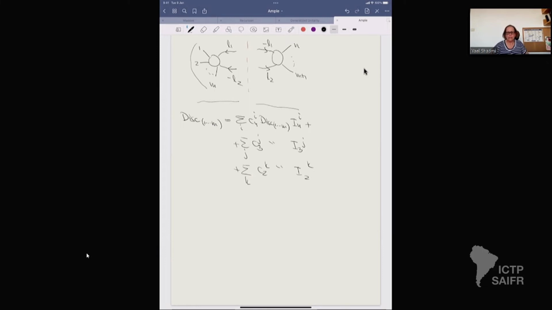Now, as we said before, all these integrals are known: the box, the triangle, and the bubble. So their discontinuities are also known. And so the point is that using this, we can fix those coefficients that we need.